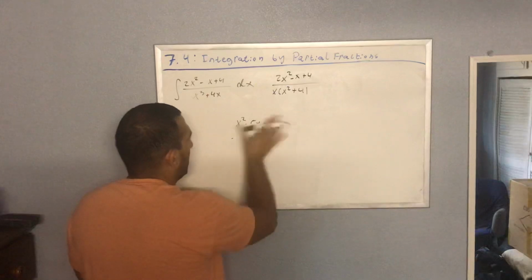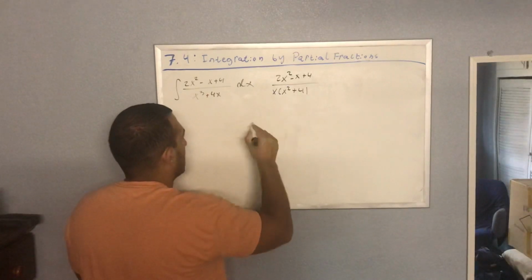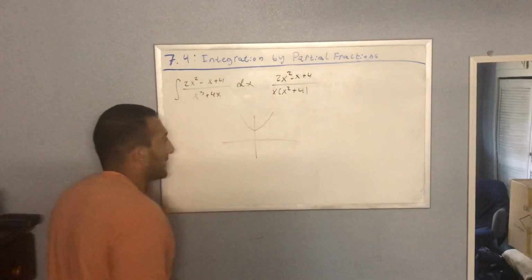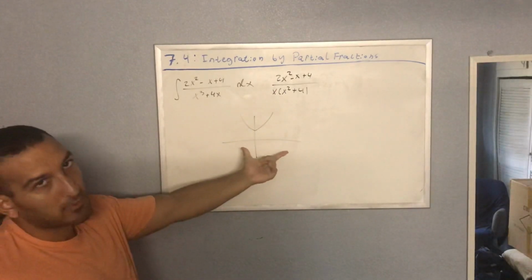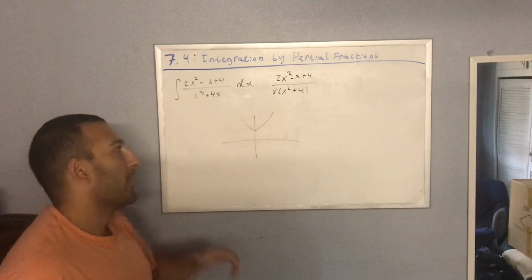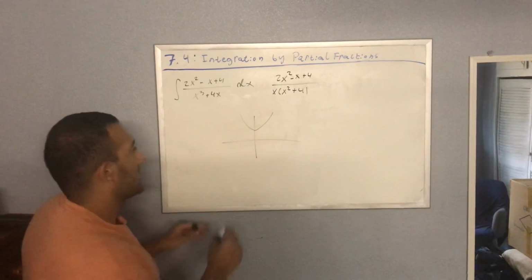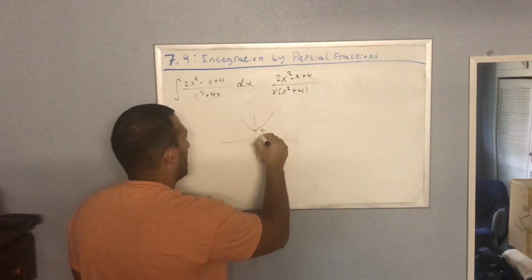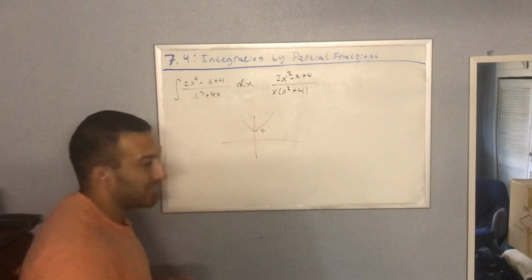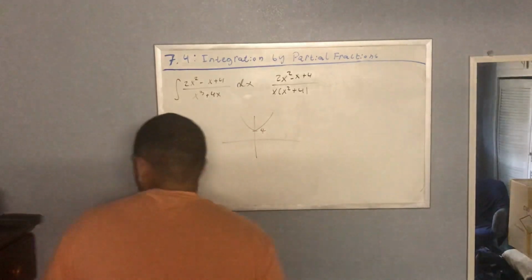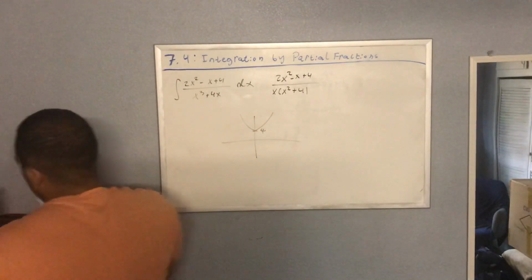Now, if you think about what this polynomial looks like, it's a parabola shifted up 4 units. It has no roots, meaning that it probably isn't going to factor. So that's another way of knowing that this thing is irreducible, is looking to see if it has any real roots or not. So roots that are real numbers.